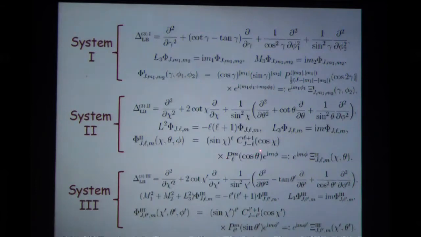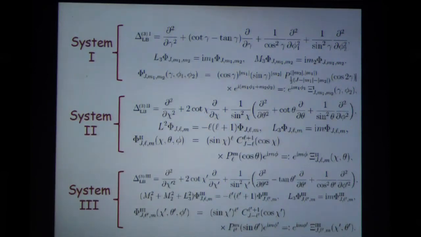These are associated Legendre polynomials. And again, we have a phase. This phase we can bring out and write only the function of the last two coordinates. And the same happens for system 3. Here we have primes, and at the end, we have this phase.